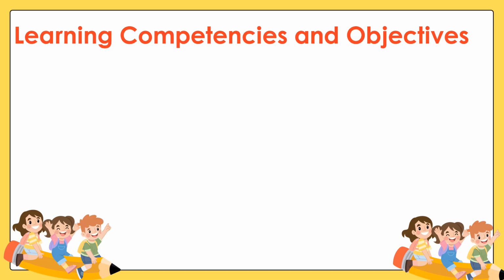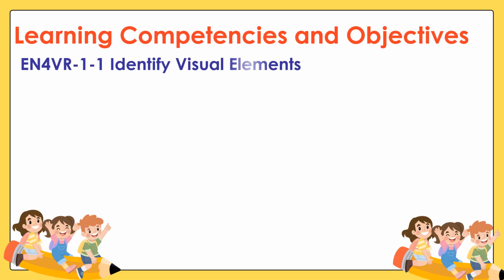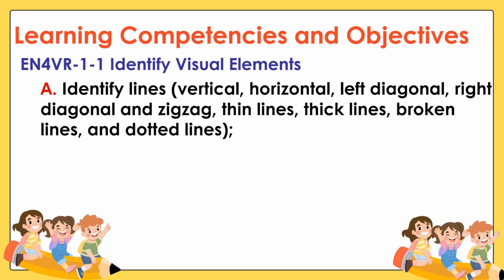And here are the learning competencies and objectives. First, identify visual elements. A. Identify lines: vertical, horizontal, left diagonal, right diagonal, and zigzag. Thin lines, thick lines, broken lines, and dotted lines.